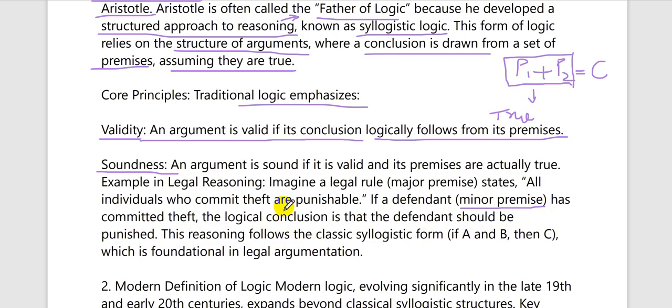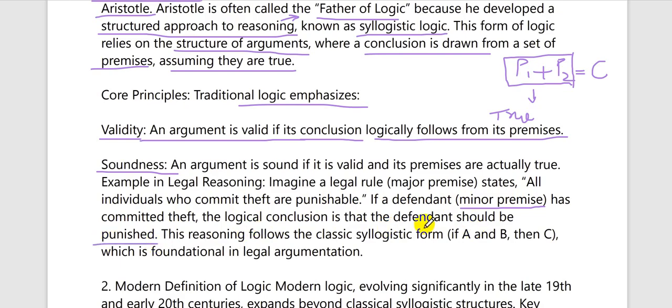So with this example, we can understand that the argument has to be sound. First of all, the rule was that all individuals who commit theft are punishable. The argument was that if a defendant has committed theft, then it leads us to a logical conclusion that the defendant should be punished.